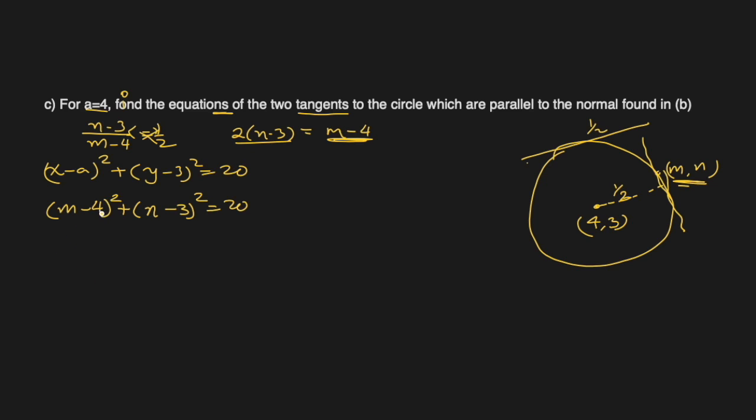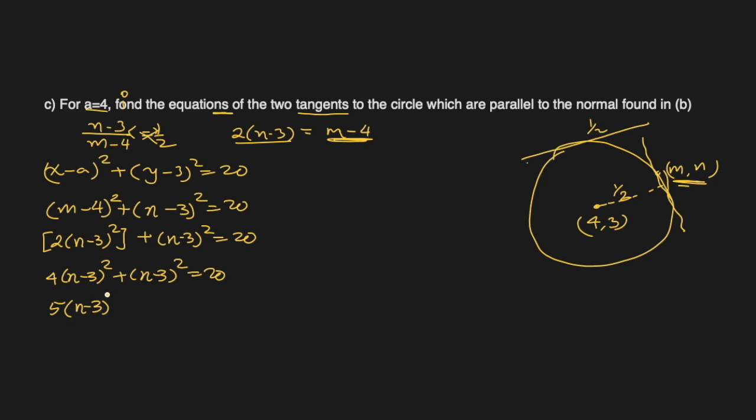So in place of this m minus 4, I will write twice (n minus 3), squared, plus (n minus 3) squared equal to 20. Let's open the bracket. It becomes 4(n minus 3) squared plus (n minus 3) squared equal to 20. They're exactly the same, like terms.